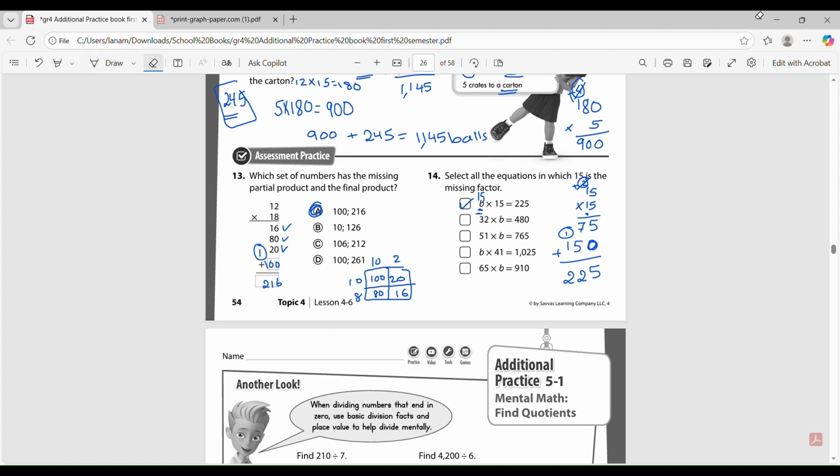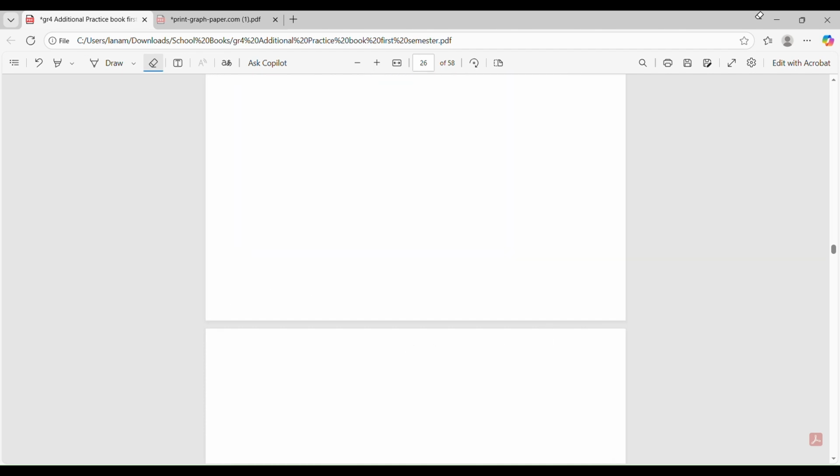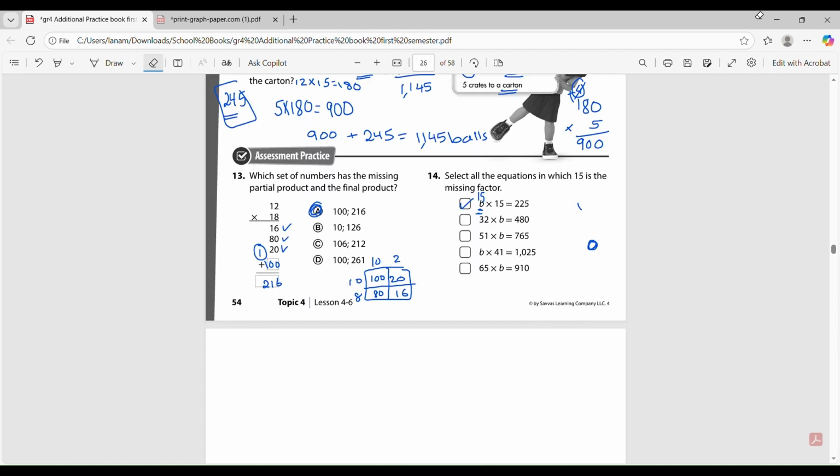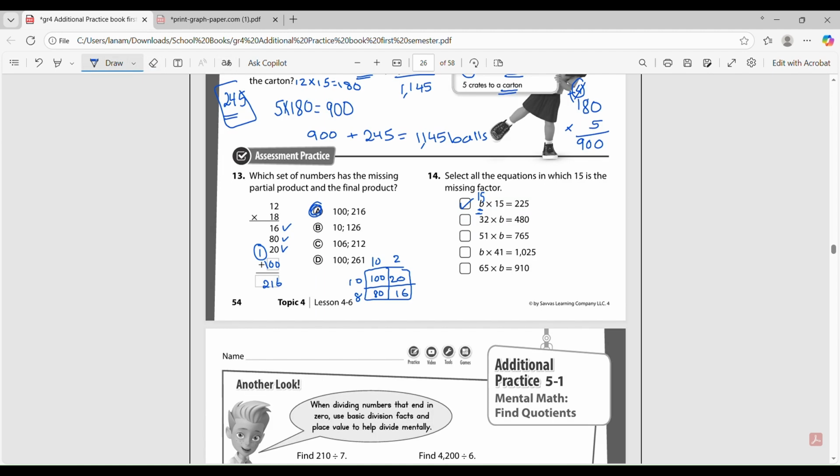Now let's do the next one. So I have 32 multiplied by 15. 32, because the b means 15, it's a variable. Let's see, 5 times 2 is 10, 0, and I will take the 1.